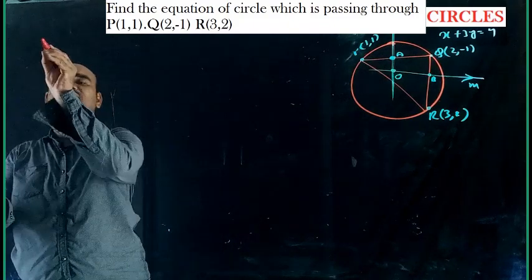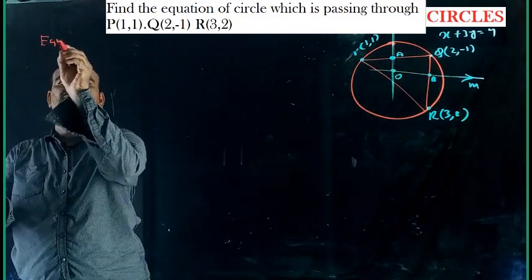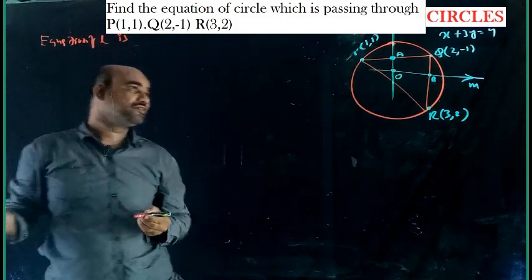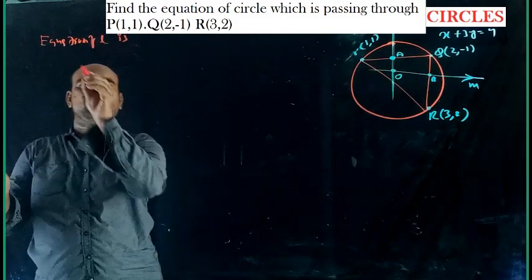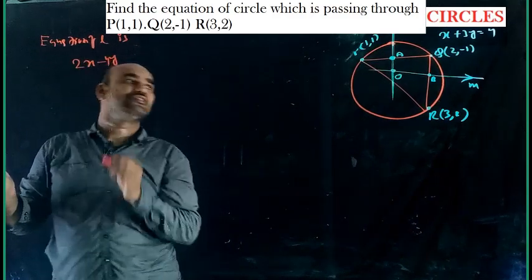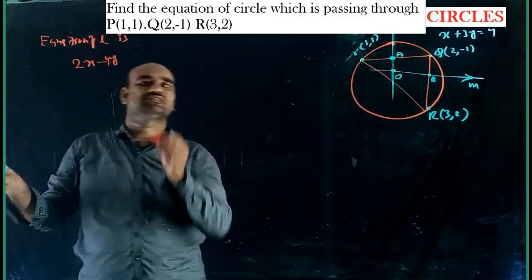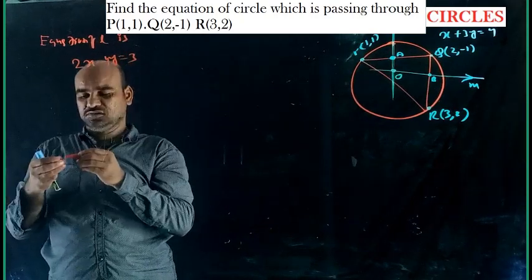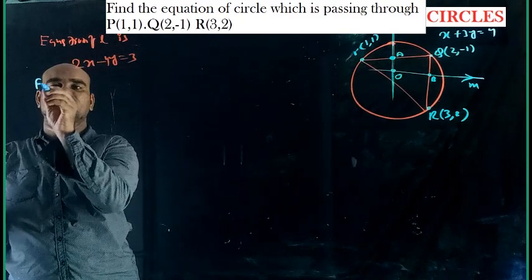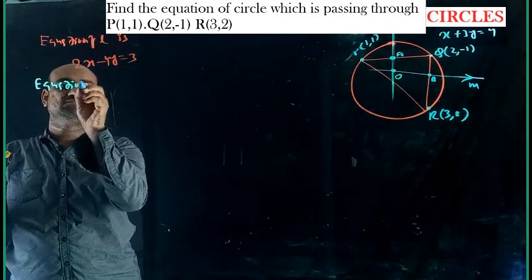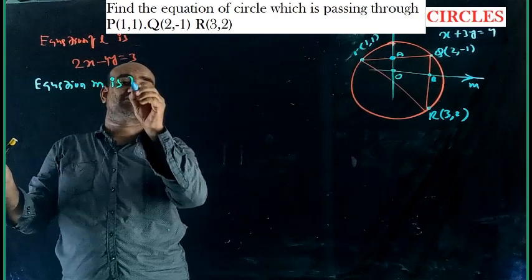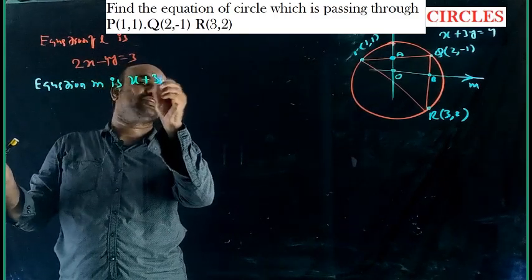Equation of L is 2x minus 4y equal to 3. Equation of M is x plus 3y equal to 4.